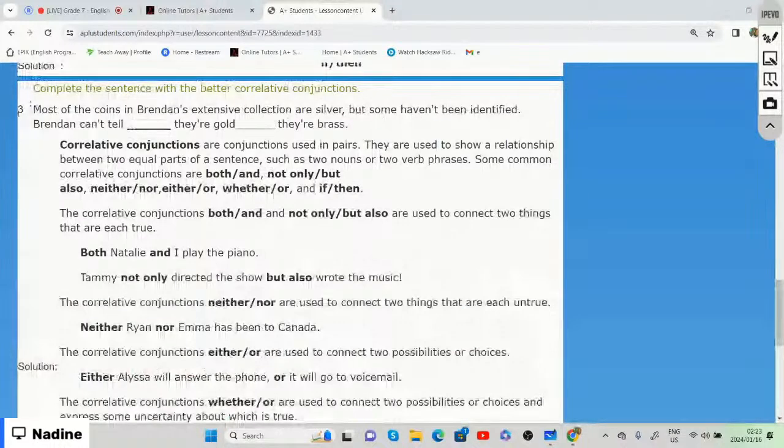The last one says most of the coins in Brendan's extensive collection are silver, but some haven't been identified. Brendan can't tell whether they are silver or they are brass.